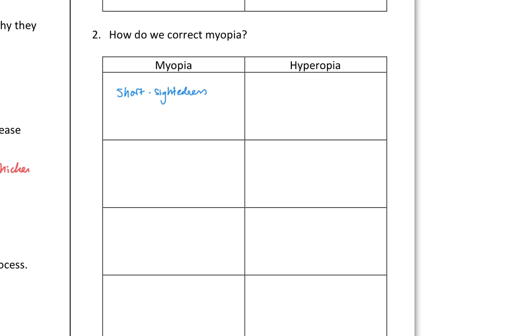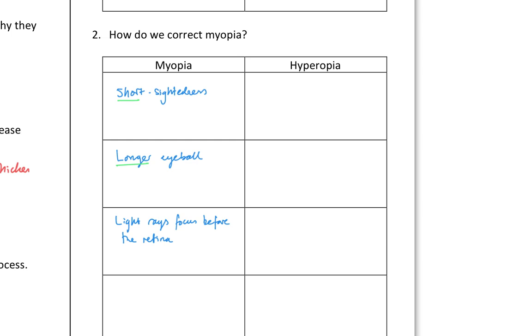And it's normally due to a longer eyeball, by like a millimeter. So those two are opposites, aren't they? I just always think short-sightedness, longer eyeball. I get my opposites in, and therefore the light rays are going to converge, focus before the retina. Because the eyeball's longer, they're focusing before it.